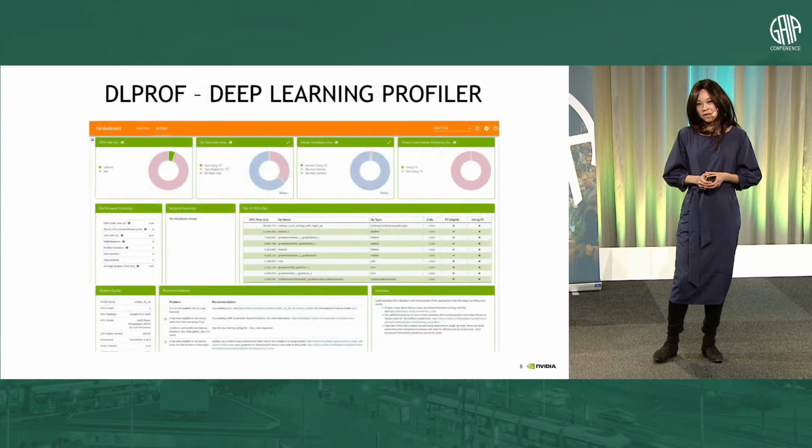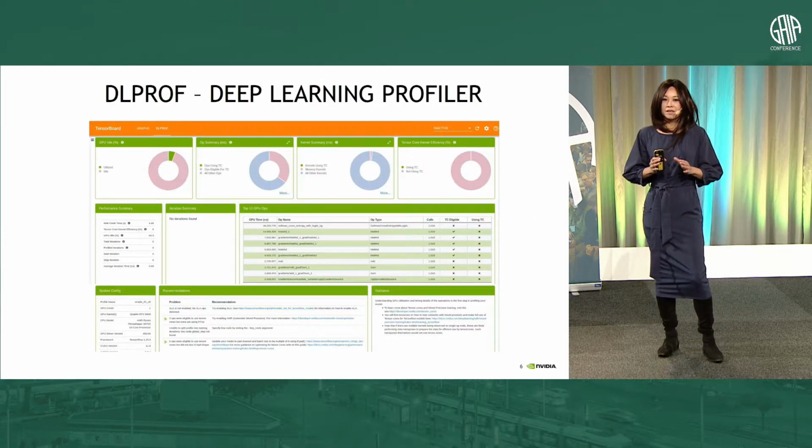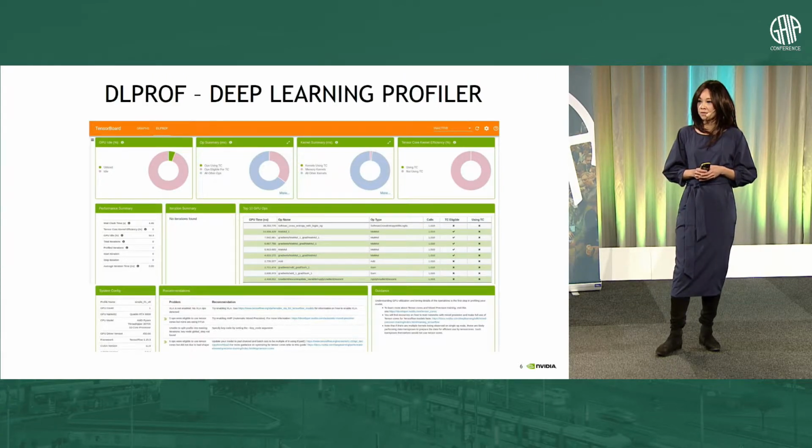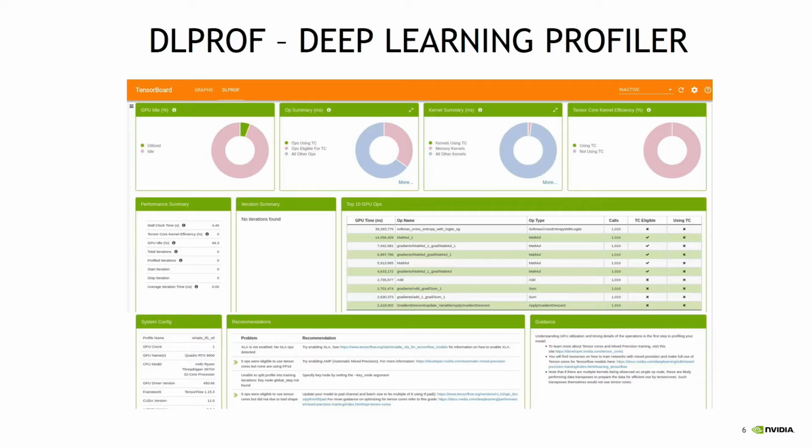Now, we wanted to address this challenge, so we created this specific tool called Deep Learning Profiler. As you can see, this is directly plugged into the existing TensorBoard to give you a unified user experience.